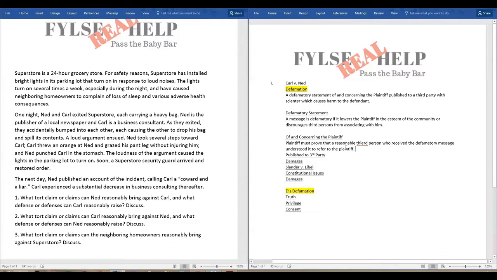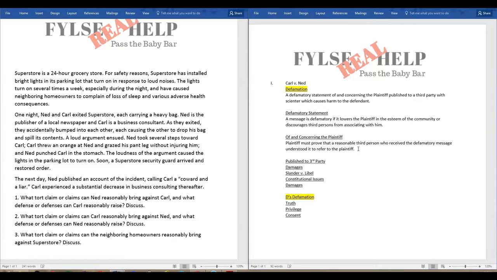So this is that part of your analysis where you show that the person who received it, which would be the audience of the newspaper, understood it to refer to the plaintiff. It doesn't mean that they believed it. It just means that the reaction was a rational one and that they knew what it meant.